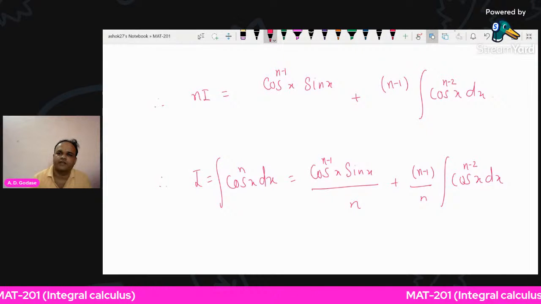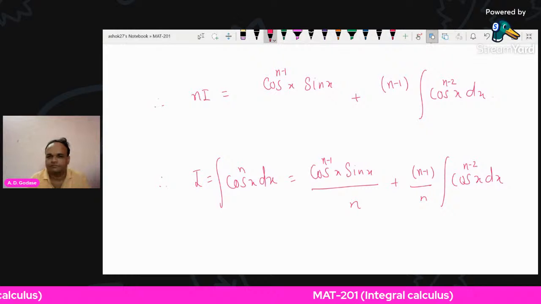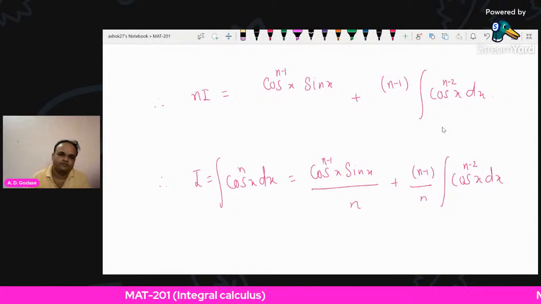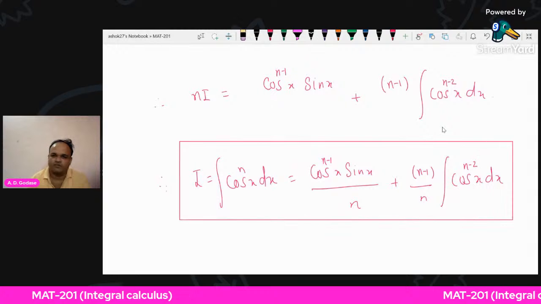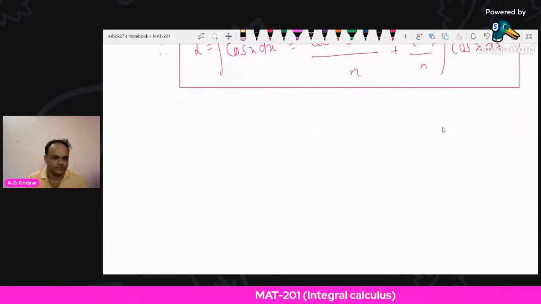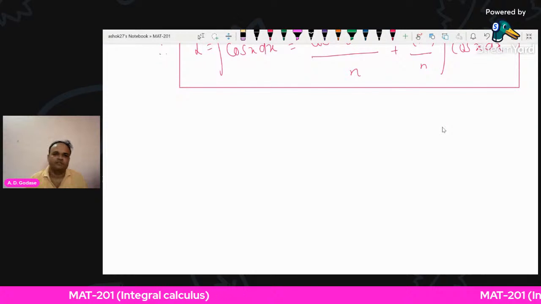So you can write the formula for integration of cos raised to n x dx when n is an even integer. So we'll see some illustrative examples on this.